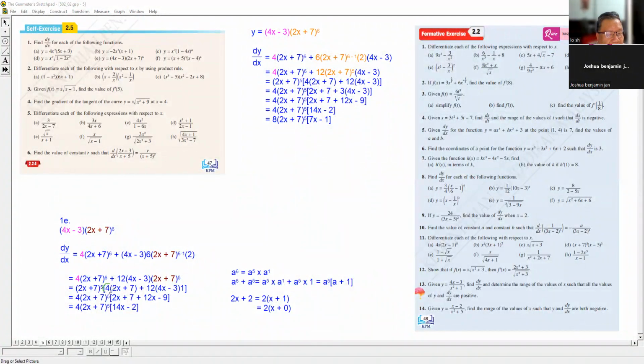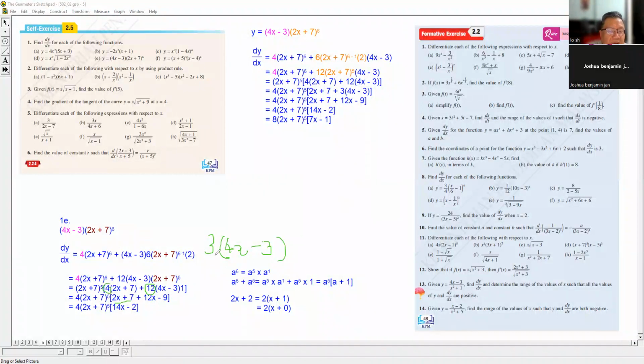This one is actually 4 times 3. When you take out the 4, there's actually a 3 there. 3 bracket 4x minus 3.